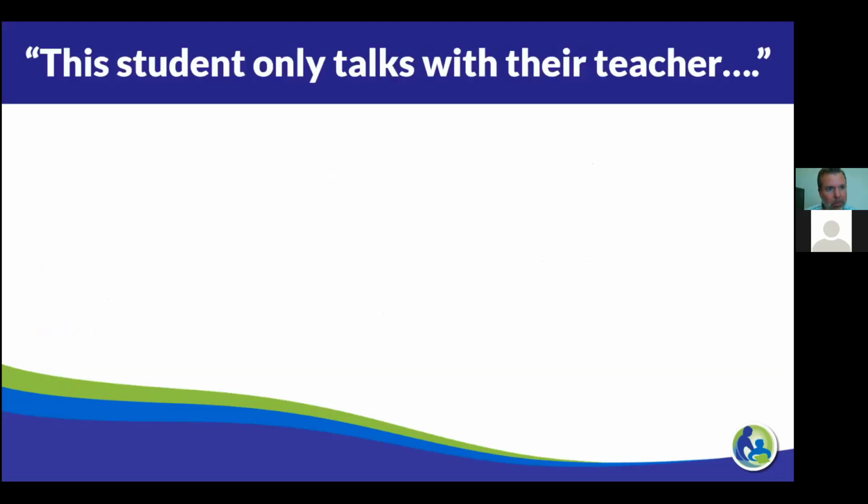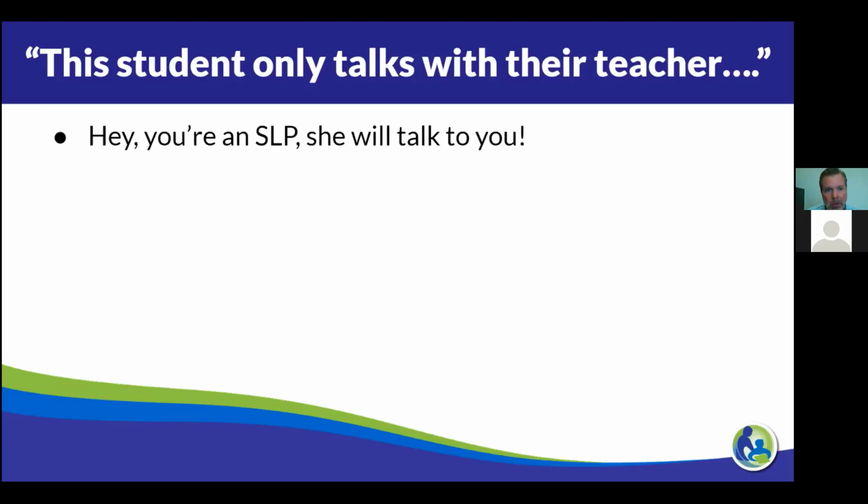So, maybe we have a referral for a student, and we're really unsure if we're going to be able to engage with them. Maybe we're told this student only talks with their teacher. They don't talk with anyone else. But hey, you're an SLP, you have your SLP magic, she'll talk to you, right? So that very well may happen.